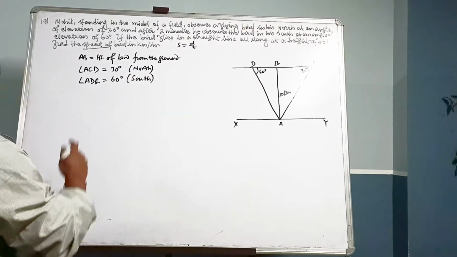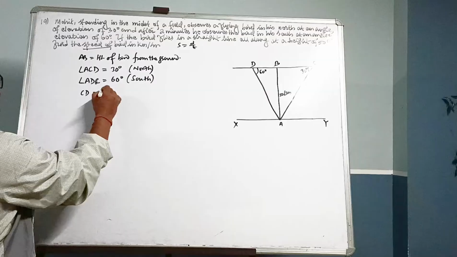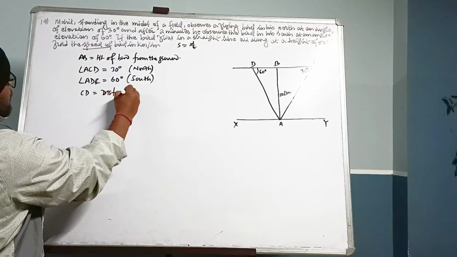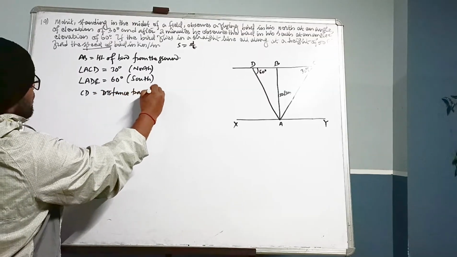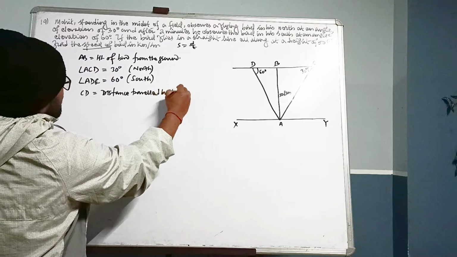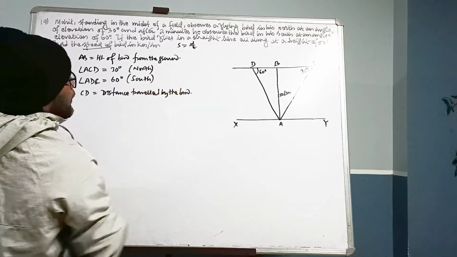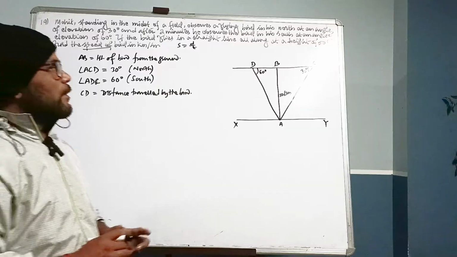Okay, so CD is what? Distance traveled by the bird. Clear everyone? So how you can solve this one?